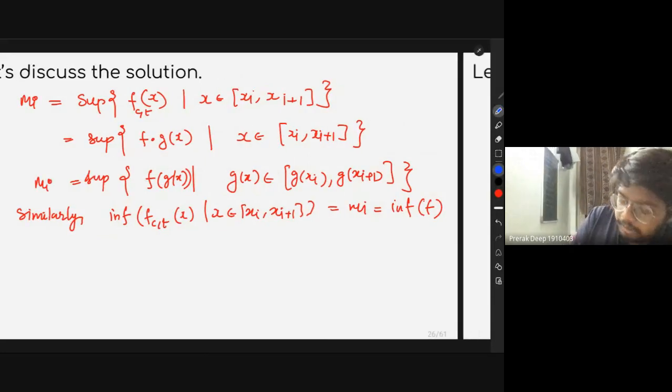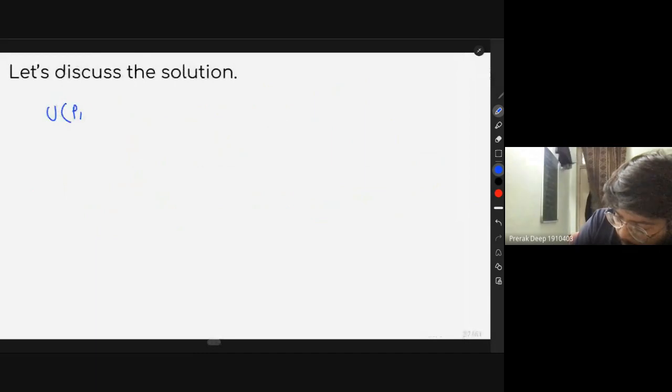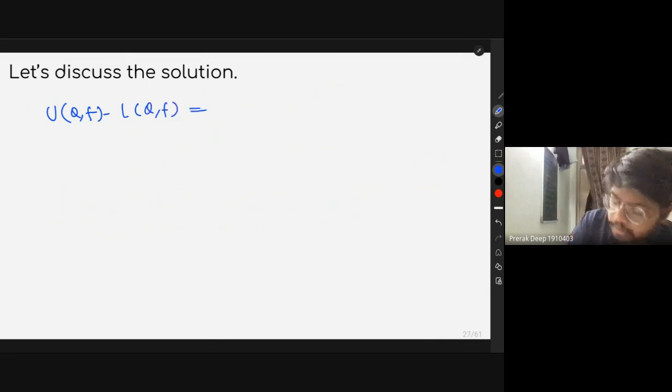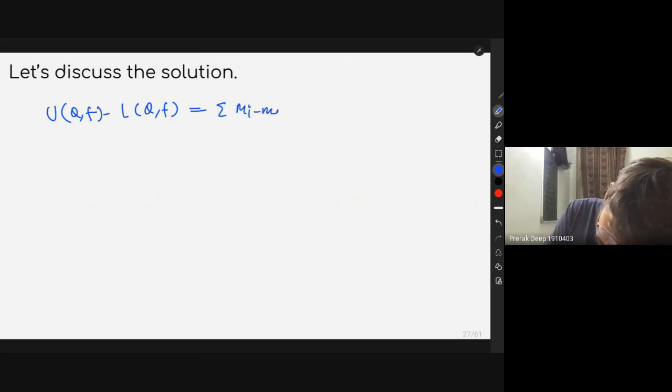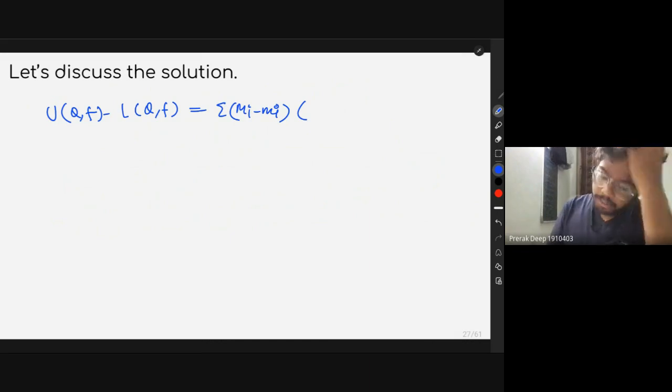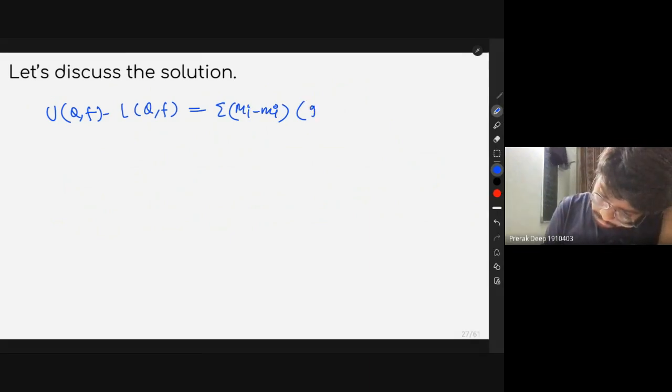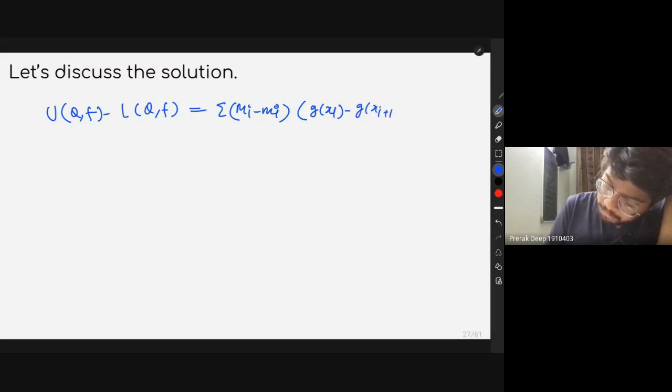So again, if I consider this difference, this limit difference will be M_i minus m_i times g(x_i) minus g(x_{i+1}), 0 to n.